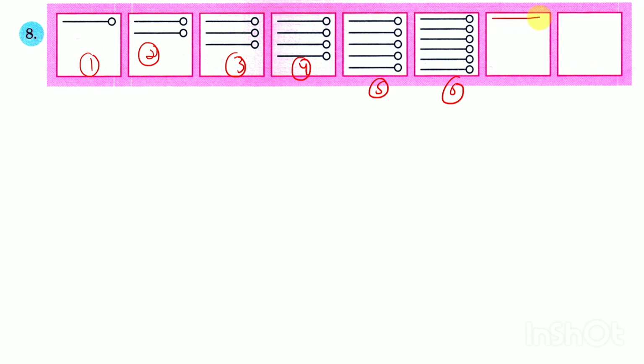Then there will be 7 sticks: 3, 4, 5, 6 and 7, and here 8 will come. Now let's count: 1, 2, 3, 4, 5, 6, 7 and the remaining 8.